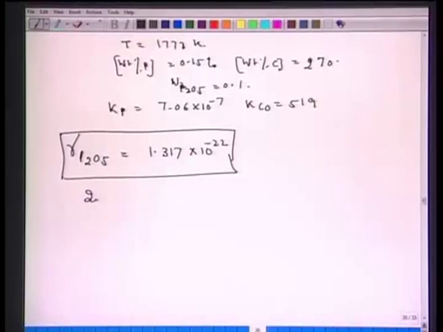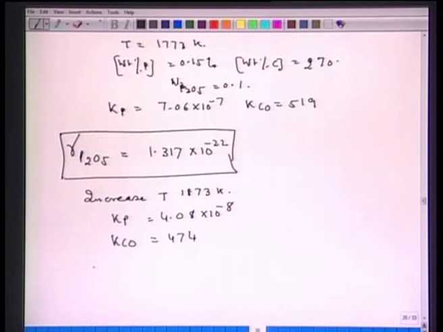Suppose I increase temperature to 1873 Kelvin, then Kp is equal to 4.08 into 10 to the power minus 8, KCO is equal to 474, and then the gamma P2O5 which I will require is equal to 1.42 into 10 to the power minus 23.